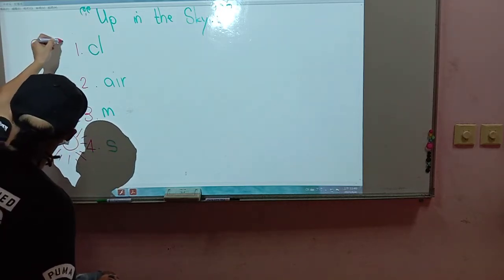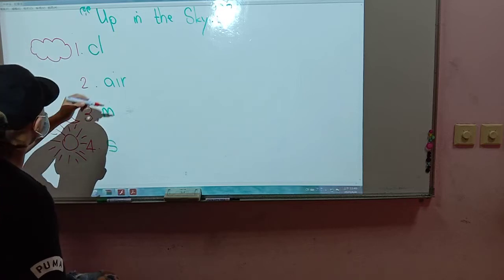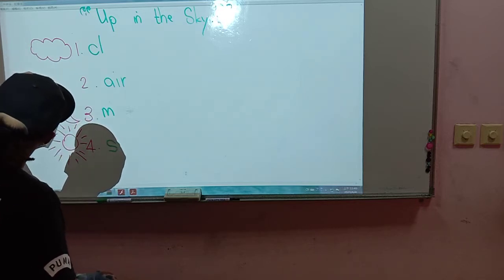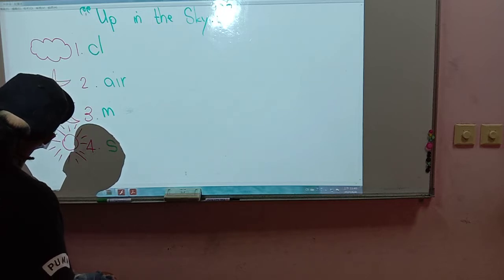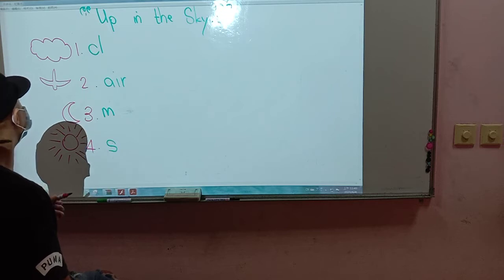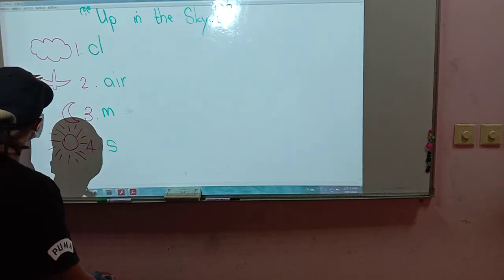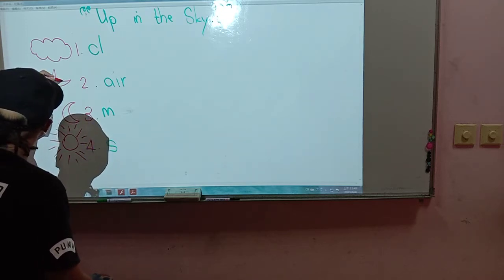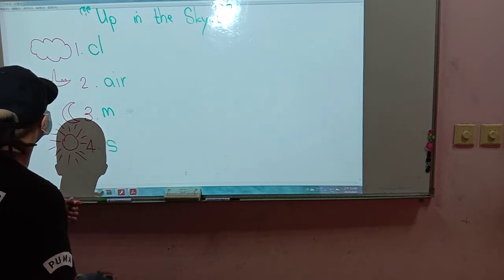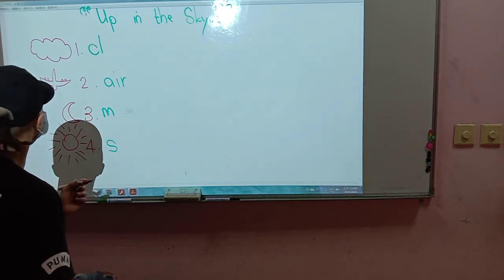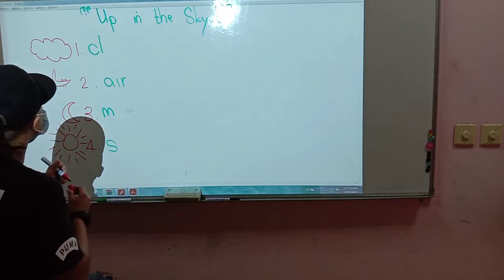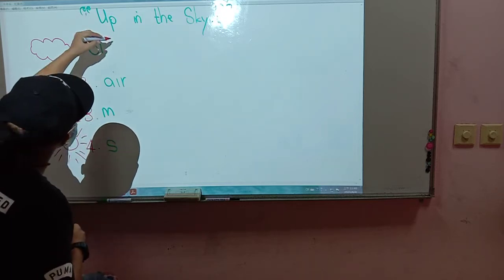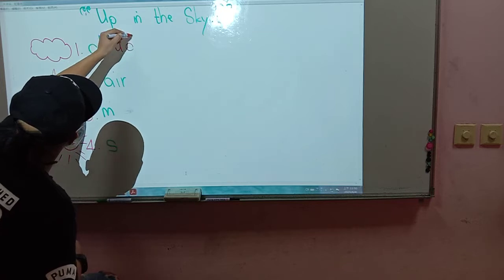What about this? That one over there. I don't know if you guys can guess what that is. I don't know if you guys can see what that is. I tried though. Okay. So the first one, this one is a cloud.